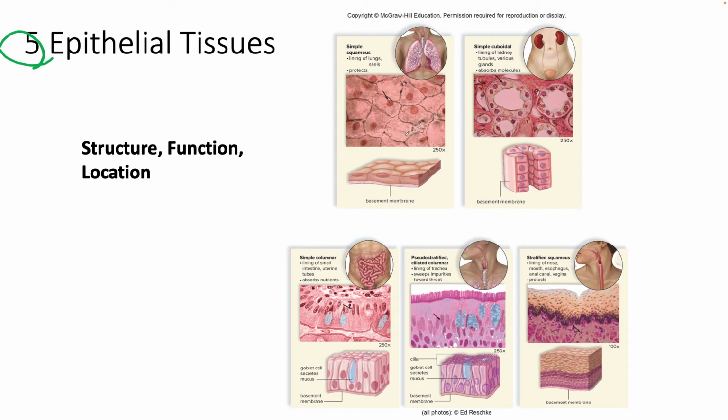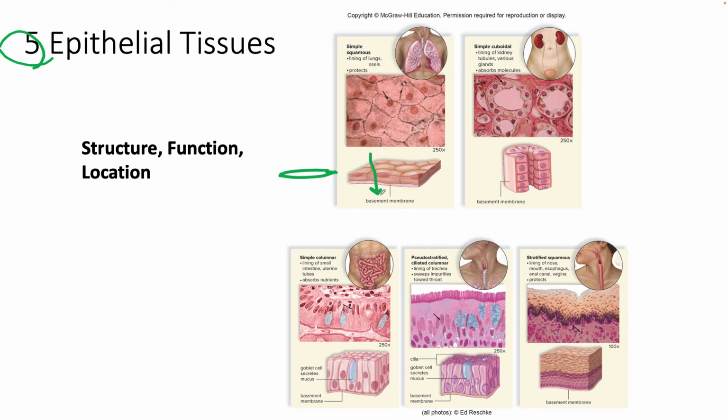What do I mean by that? Well, this first type of tissue right here is really, really thin, right? It's 1 cell layer thick, and the cell is that thin, thin, thin squamous material. This is really bad for protecting you from anything because it's literally like one cell can get rubbed away really fast. But it's really good if you wanted to maybe have oxygen go through this tissue.